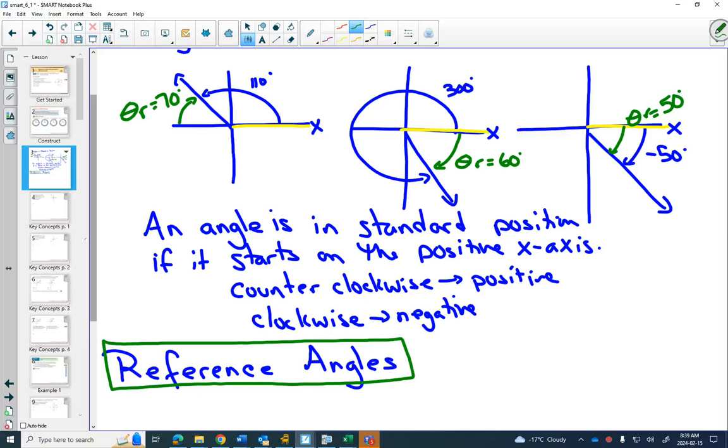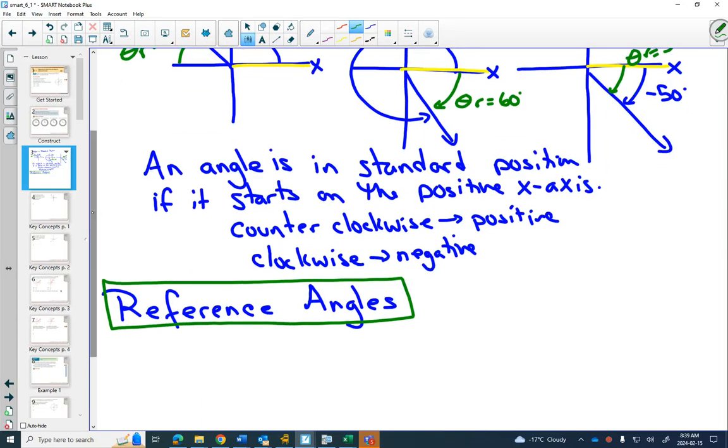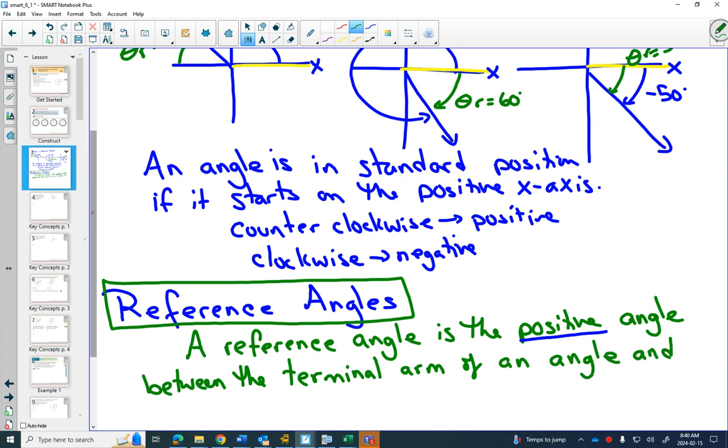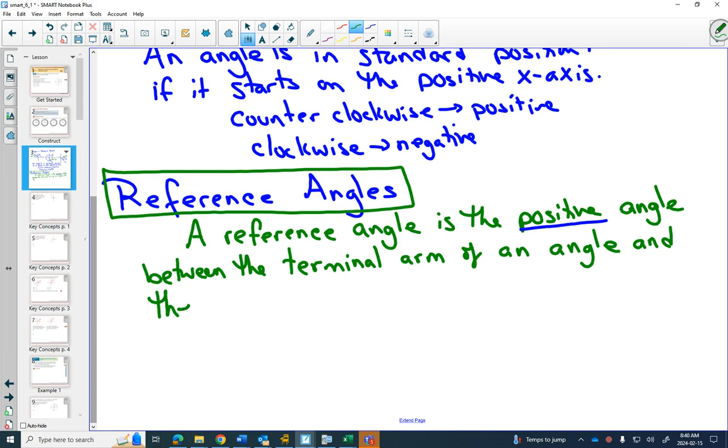So how do we define a reference angle? A reference angle is a positive angle.